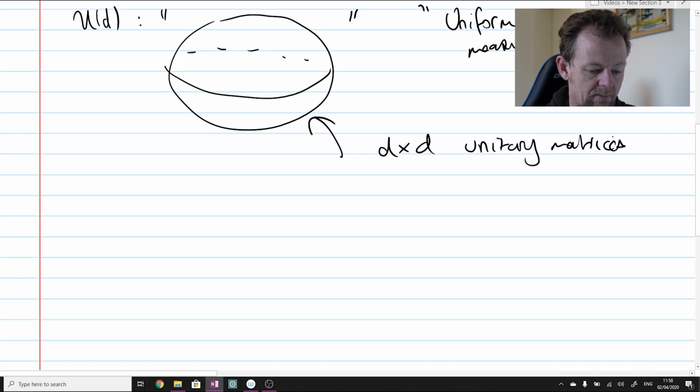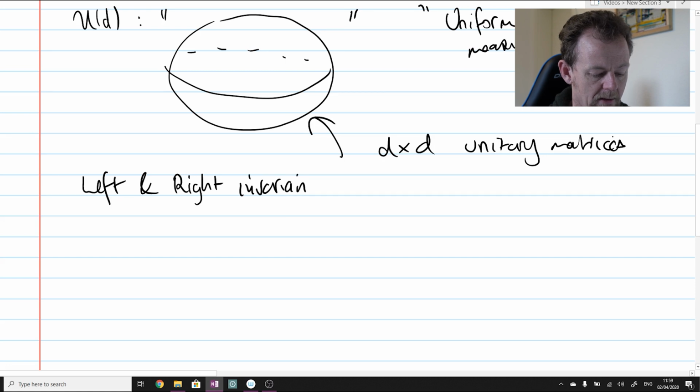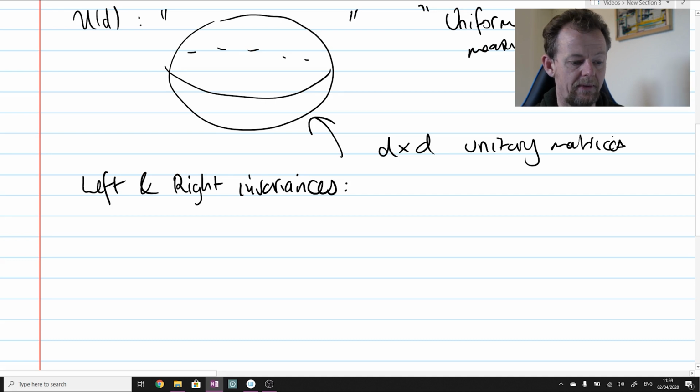Now, Haar measure is not just any old measure, it has some very beautiful properties, and the properties that are most important or relevant for today's video are left and right invariance under shifts, under shifts by multiplication by a unitary operator v.